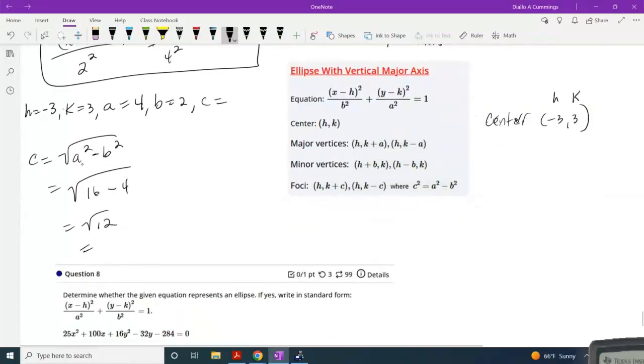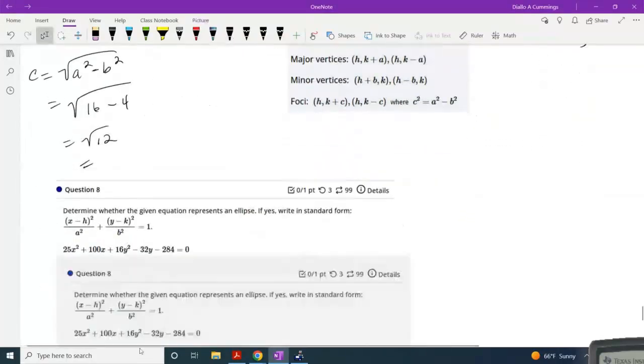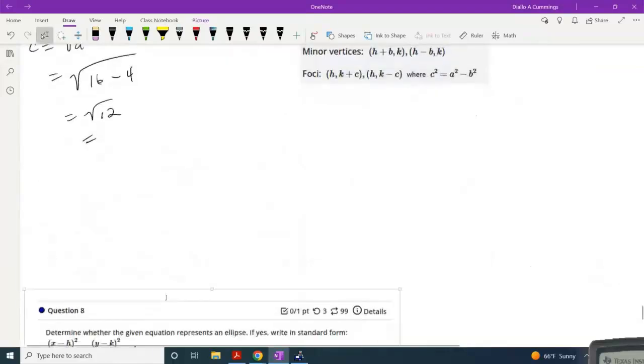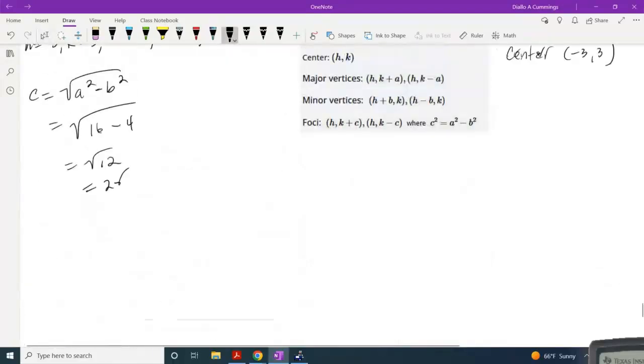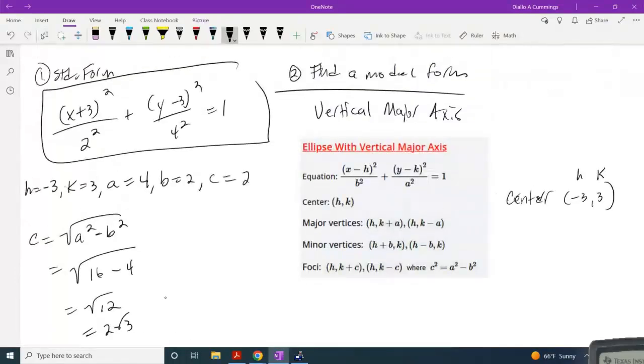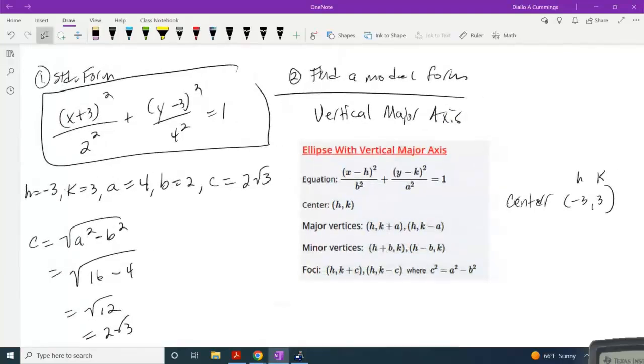And we simplified that in the last problem, so that should be 2 times the square root of 3. Right, that is C. So we pulled out the center, which is H and K. We found A, B, and C.